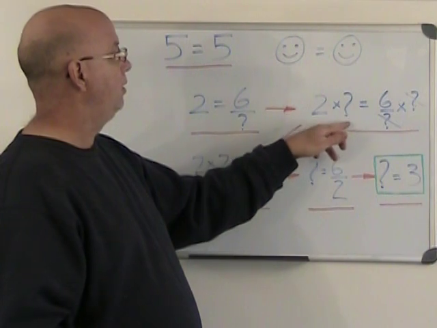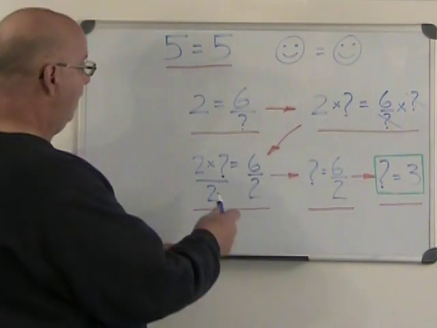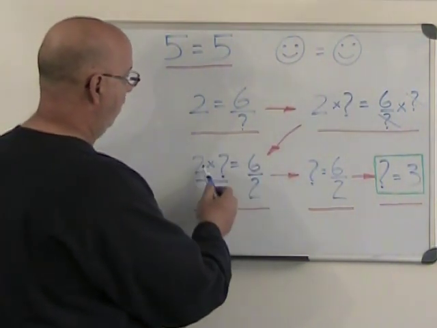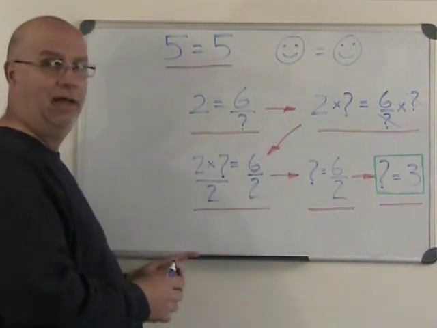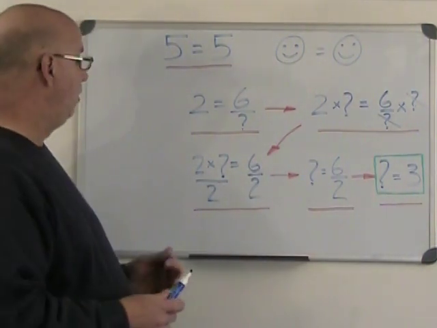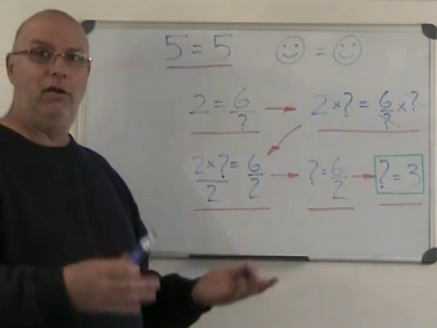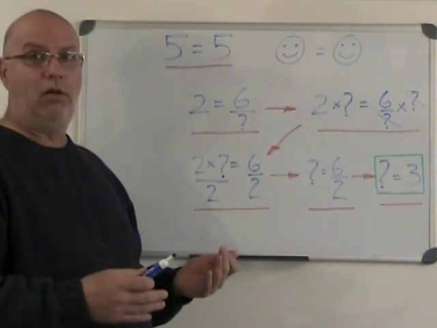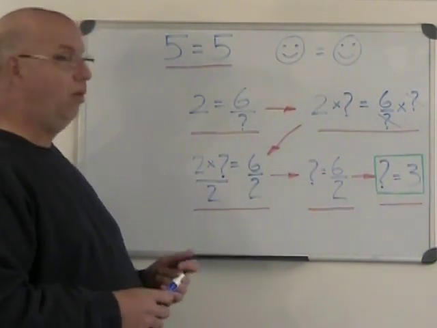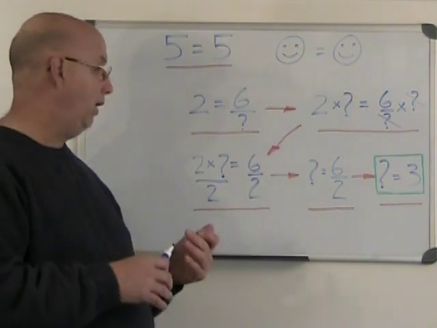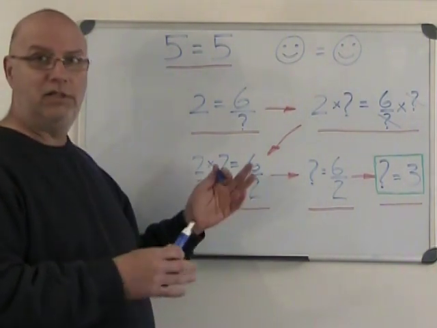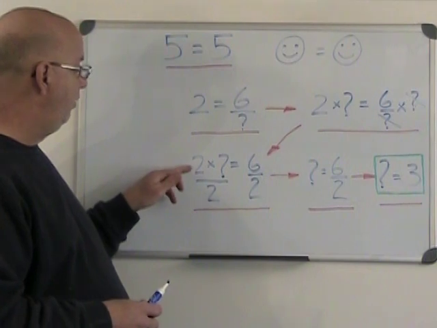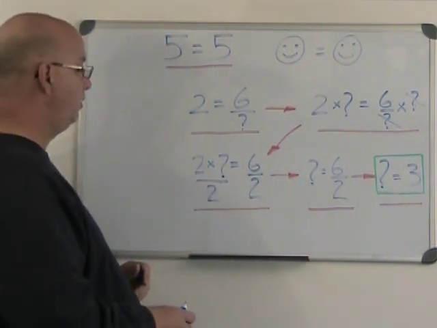So 2 times unknown equals 6. And that's what I have right here. 2 times unknown equals 6. And again, to be able to isolate my unknown, I want the unknown to be alone on one side. Well, I'm going to multiply, or in this case divide both sides to get rid of the 2, or move it over to the other side.